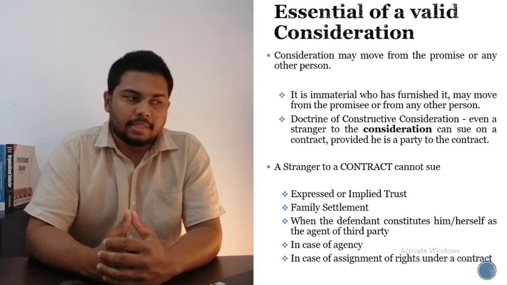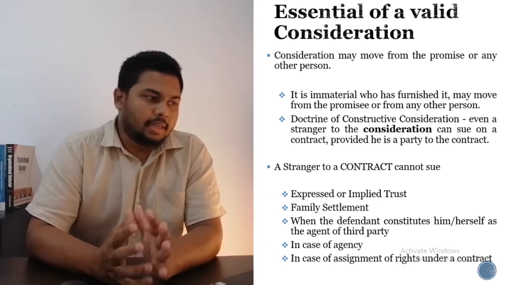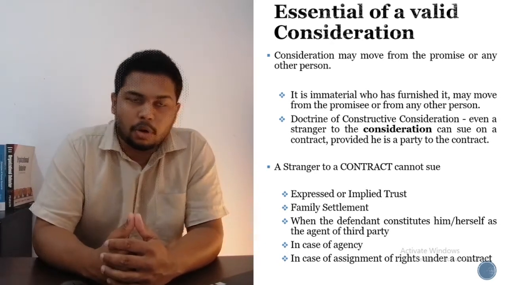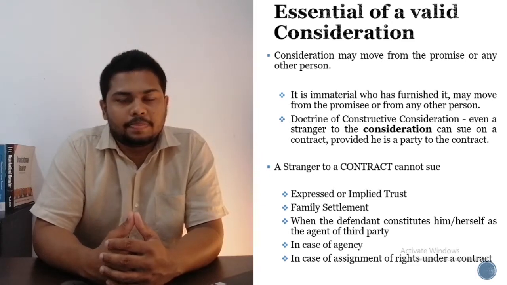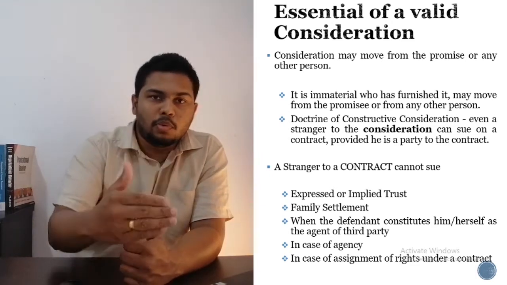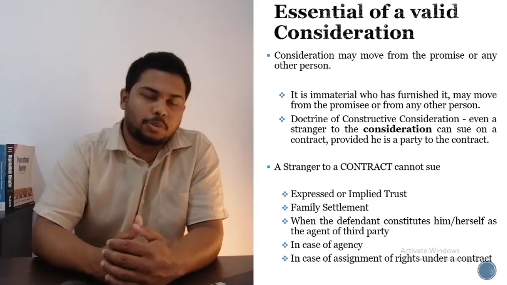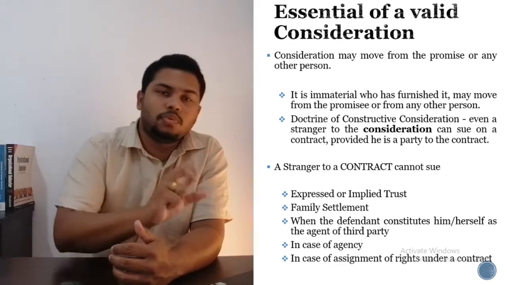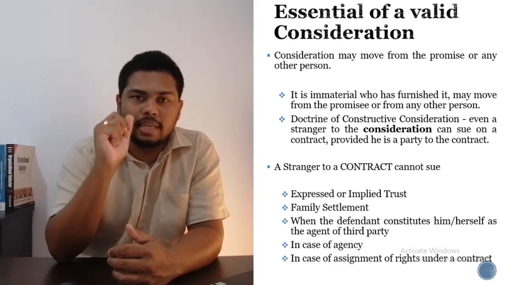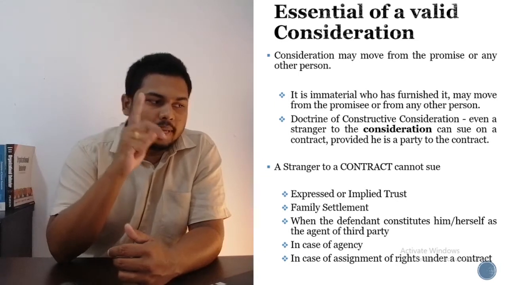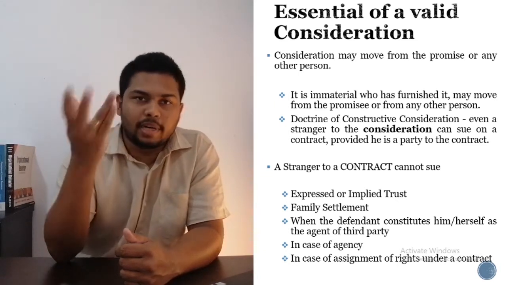Essentials of a valid consideration. Now, the second point: consideration may move from the promisee or any other person. That has to be moved towards the promisor, but it should move from the promisee. In that case, it is immaterial who furnished it.